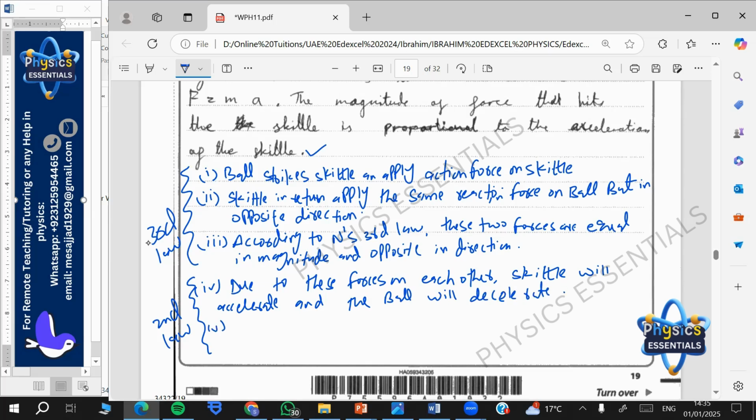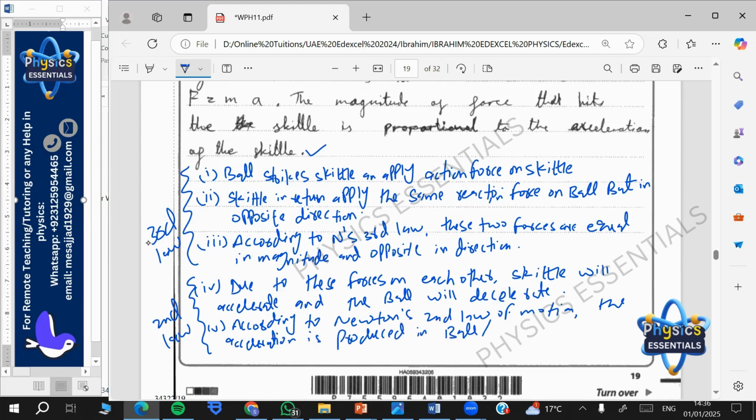According to Newton's second law of motion, the acceleration is produced in ball and skittle according to F equals ma. This acceleration is given by a equals F over m, and that's it. So that was the logical answer to this question. Okay, I hope you understand that.